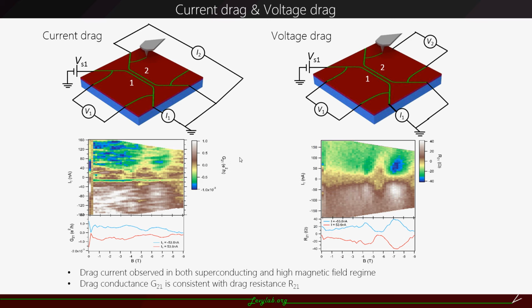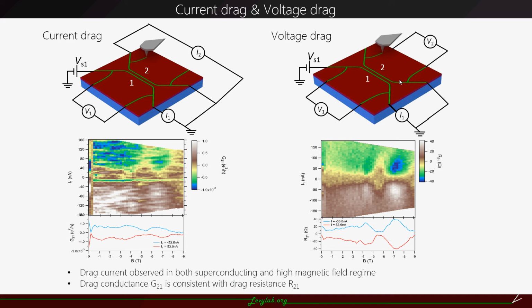However, drag conductance G21 is noisier compared with the drag resistance. This may be because in the current drag measurement, the drag wire is a closed loop. Therefore, electrons moving in the drag wire constantly undergo energy dissipation during the motion, unlike for an open loop.